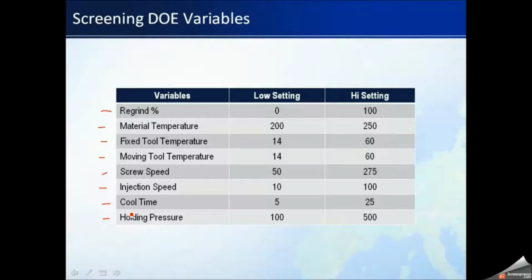But actually what most people do is they only count the variables. They don't look at the number of combinations. So look at this. You have 100 choices multiplied by 50 choices, multiplied by 44 choices, by 225 choices, by 90 choices, by 20 choices, by 400 choices.